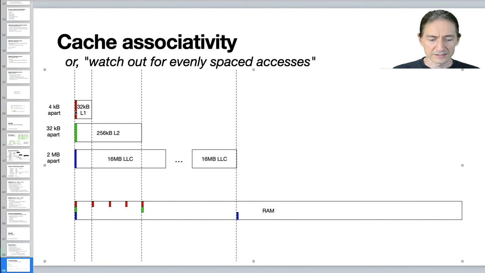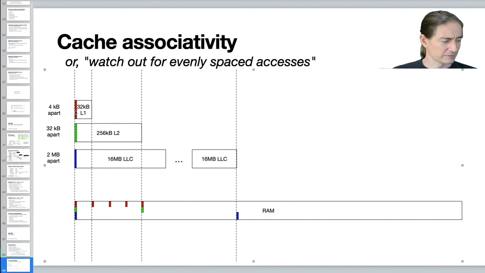So that's the deal with cache associativity. Usually it doesn't end up hurting you. Usually it's only when you have these well-spaced, power of 2 spaced accesses. To give one more example, say our accesses are spaced out 4 kilobytes plus 64 bytes.